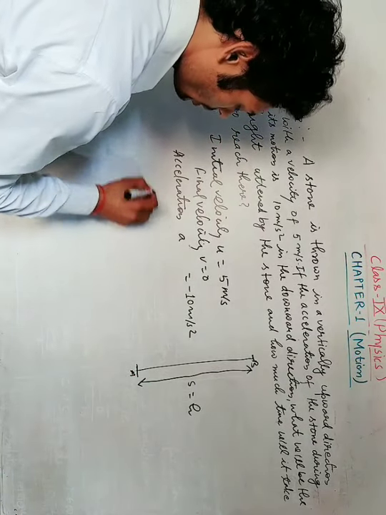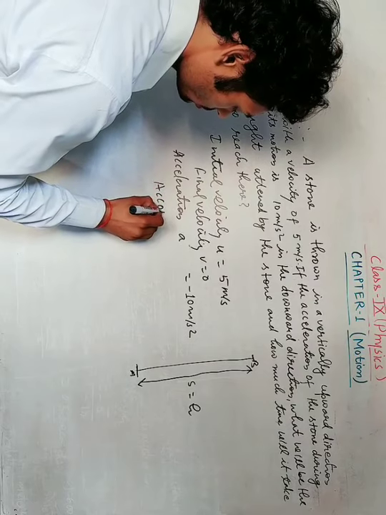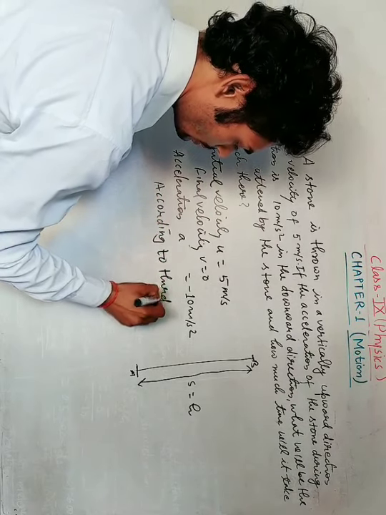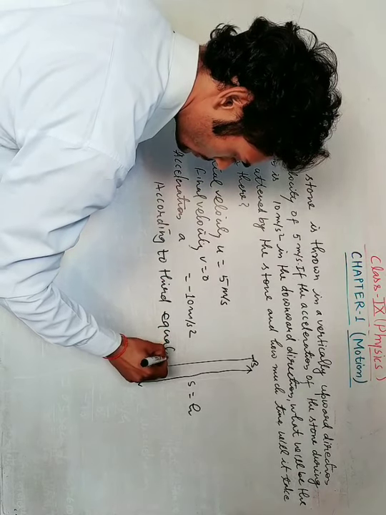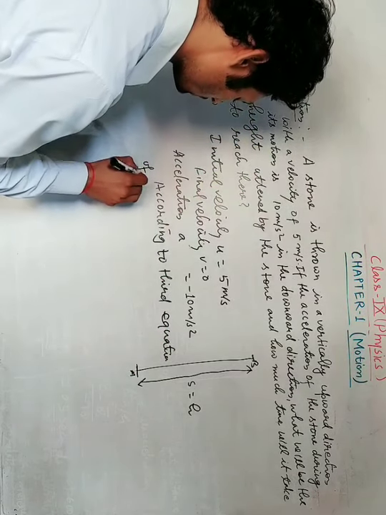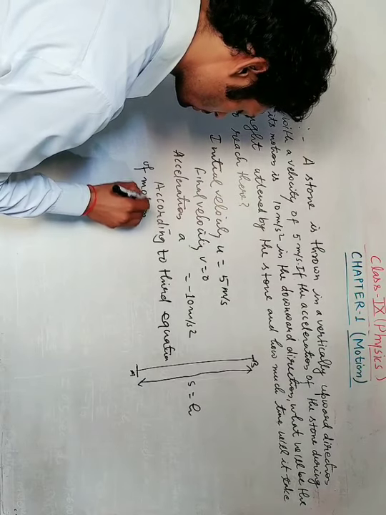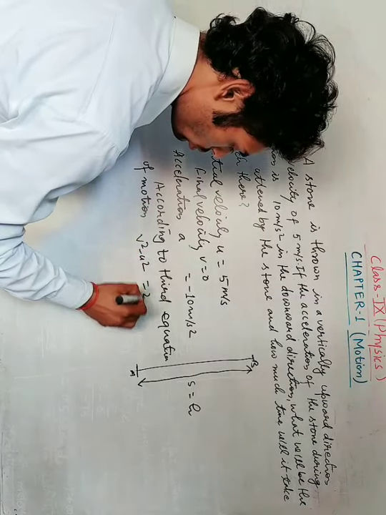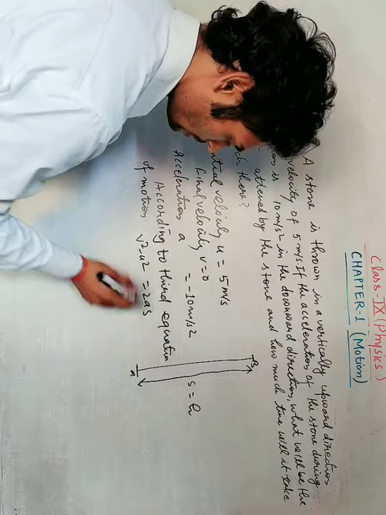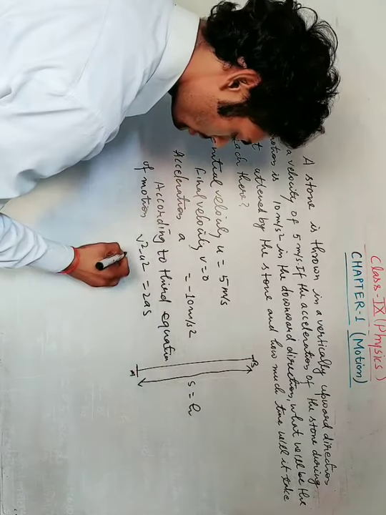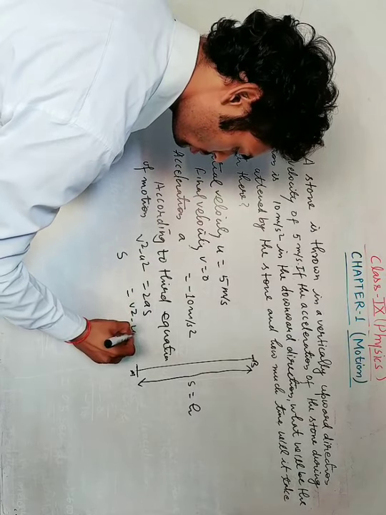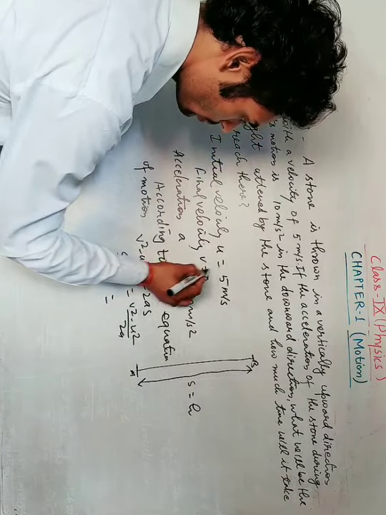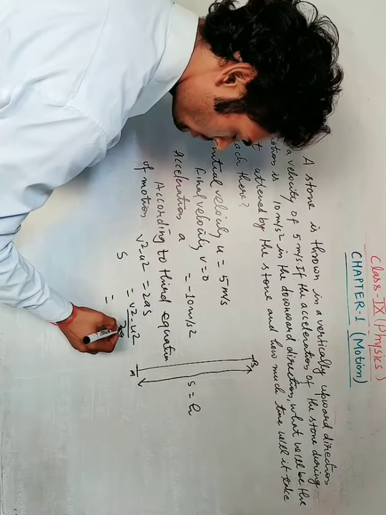Then according to the third equation of motion, v square minus u square equal 2as. Then we have to find s or h. Then s equal v square minus u square by 2a. Then put the value of u, v and a.